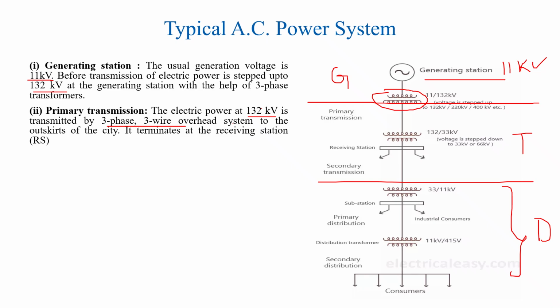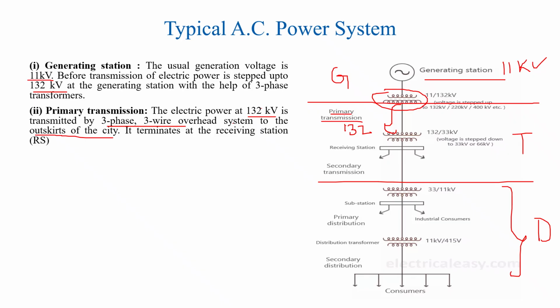It transmits the power from the generating station to the outskirts of the city, and it terminates at the receiving station. Here you can see the voltage from this step up transformer till this step down transformer is 132 kV and it is known as the primary transmission. It ends when it reaches the receiving station.